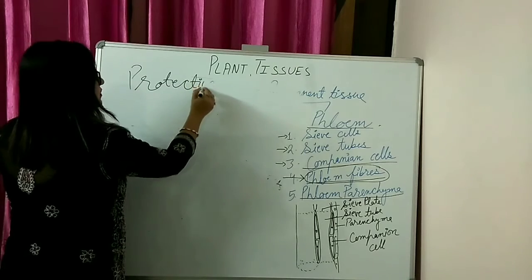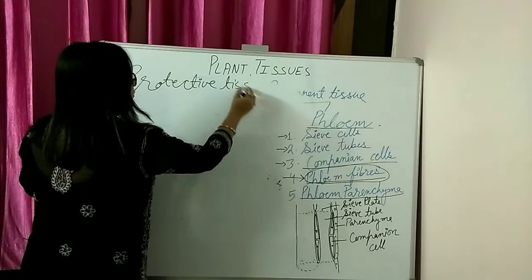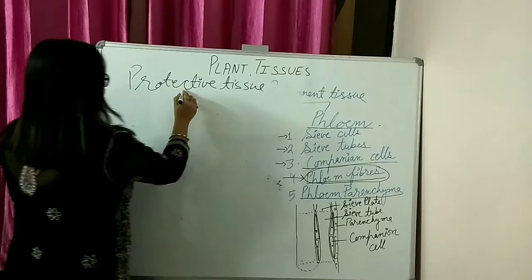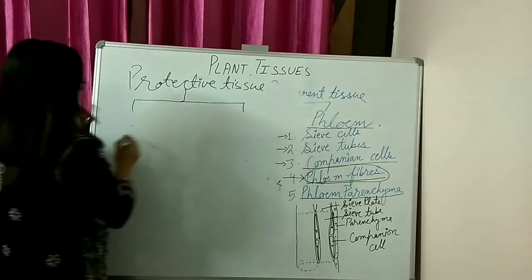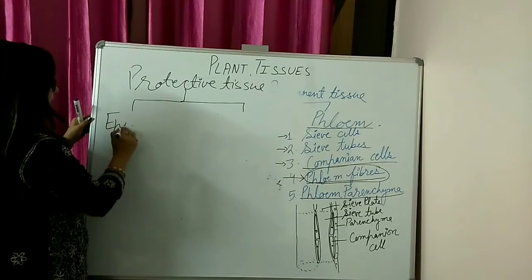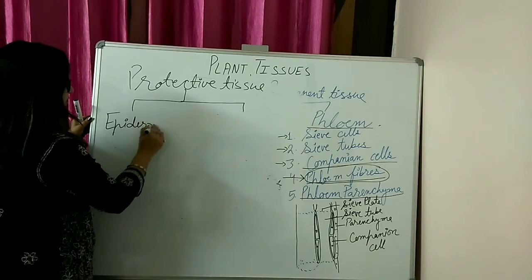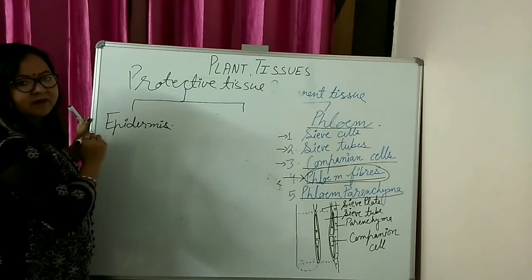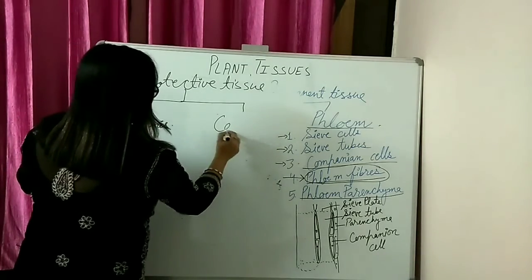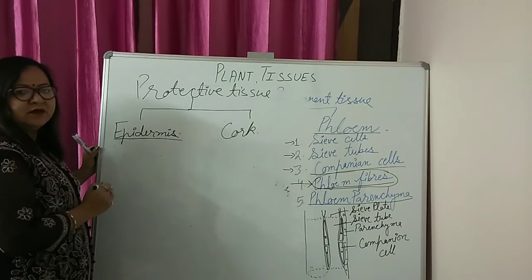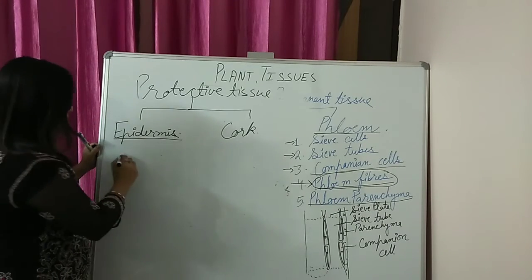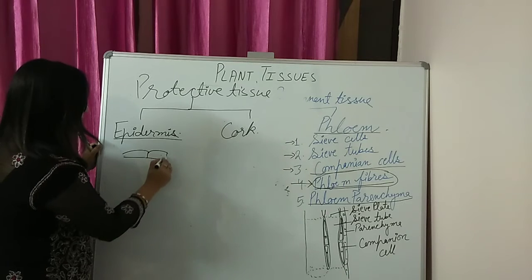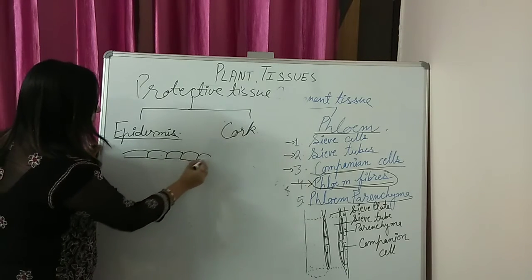Protective tissue, as the name indicates, protects the plant parts, and it can be categorized into two parts, that is epidermis and cork. It is usually a single layer of cells and makes a continuous layer for protection.